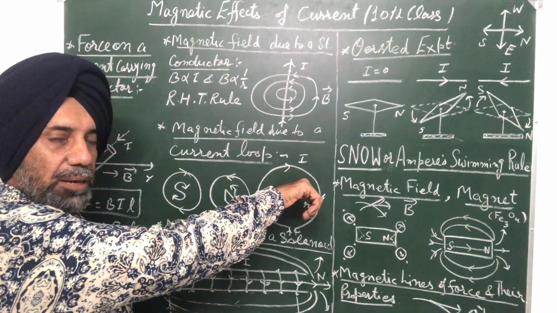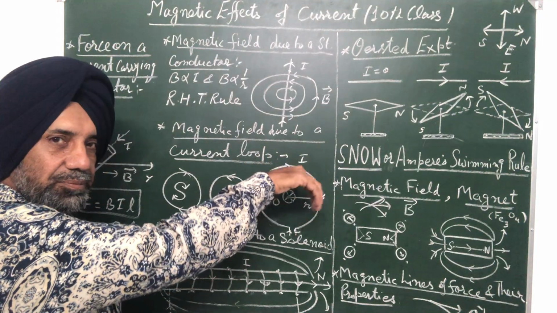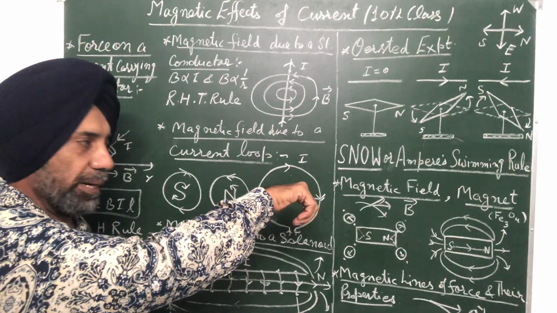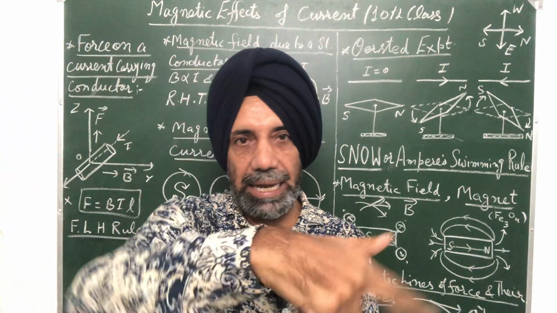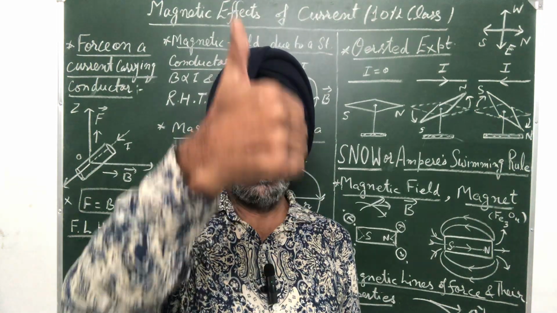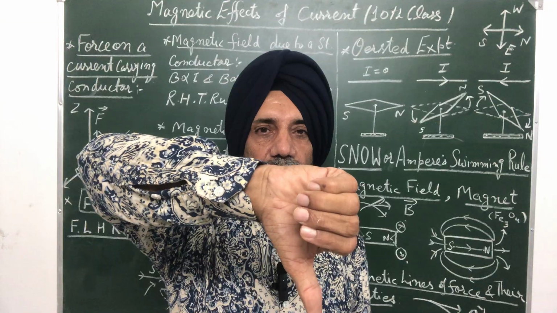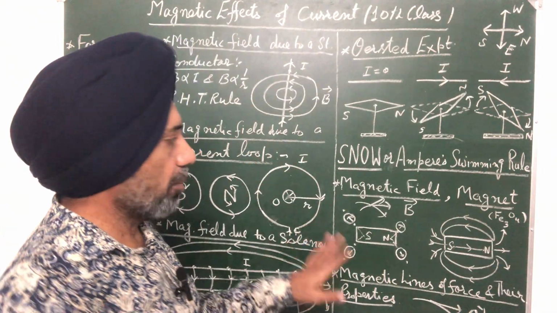So this thumb will give the direction of the magnetic field. If current is clockwise in the loop, then the magnetic field will be directed inward, normal to the plane of the coil. Similarly, if current is anticlockwise, the magnetic field will be upward. So we can find the direction of the magnetic field using the right hand thumb rule.